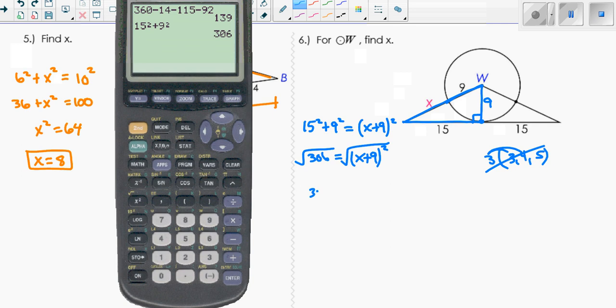Okay, so I'm going to leave this as the square root of 306 equals x plus 9, which means x is, I just need to subtract 9. This wouldn't have been factorable, so basically you would have done all that and had to use the quadratic formula, because the square root of 306 is that. Okay, and then I have to subtract 9, so I get that x is about 8.49.